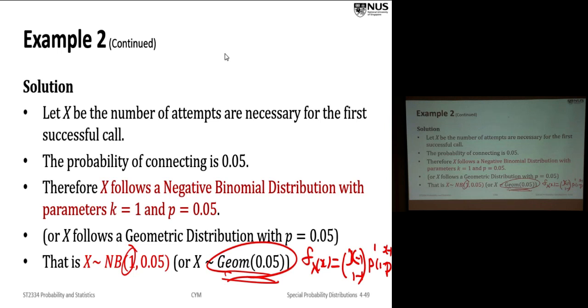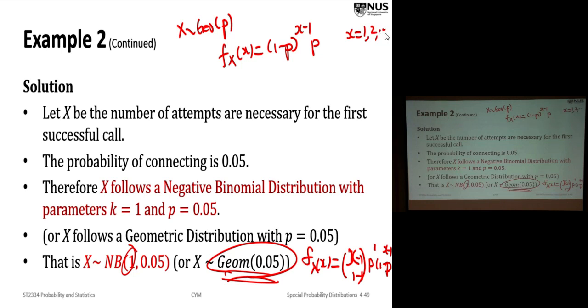Okay, maybe let me write this. In fact, for the geometric distribution, we only have one parameter p. The f of x is equal to (1 minus p) to the power x minus 1 times p, for x equal to 1, 2, up to infinity.